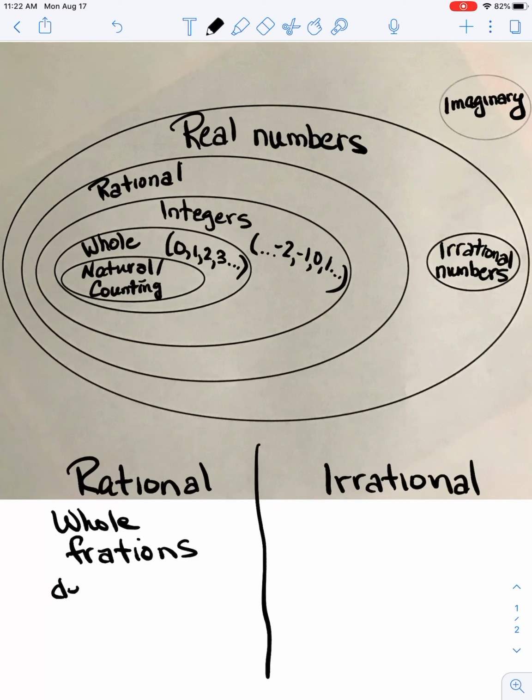And also decimals. Okay? Decimals that end, which is called terminating decimals, right? So 0.5, for example. Okay, we know that's a half. That makes sense. It's rational. It's not crazy. All right, and what about this? 0.3 repeating. Well, that's a third.